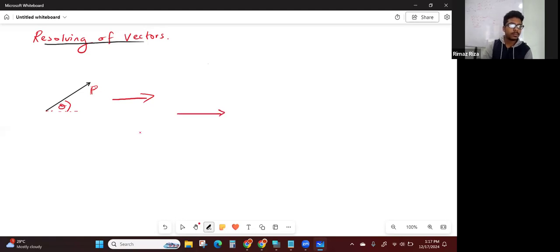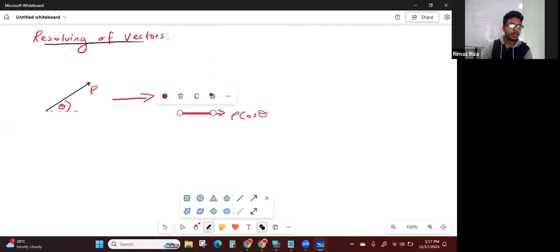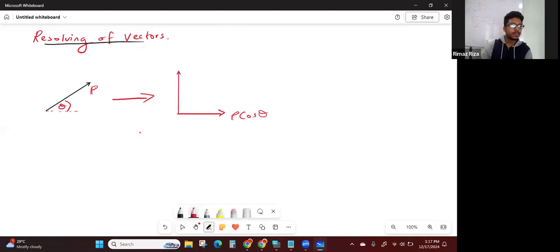So this one is P cos theta, and the other component is P sin theta. And they are perpendicular.